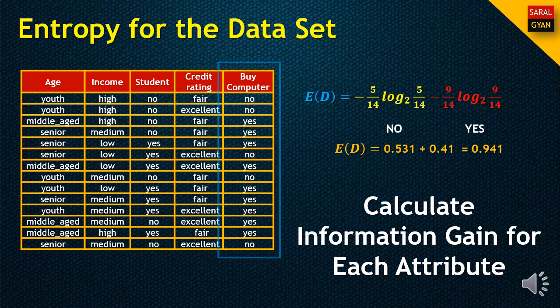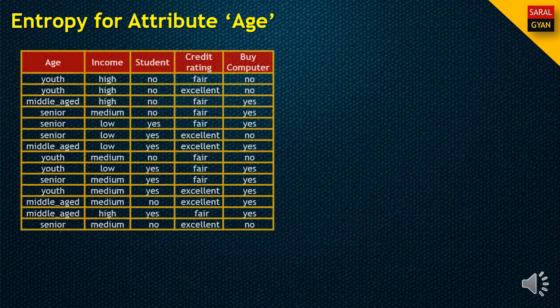Now the task is to calculate the information gain for our data attributes, that is age, income, student and credit rating. So let's see how we can calculate the information gain for these 4 attributes. First of all we consider the attribute age.